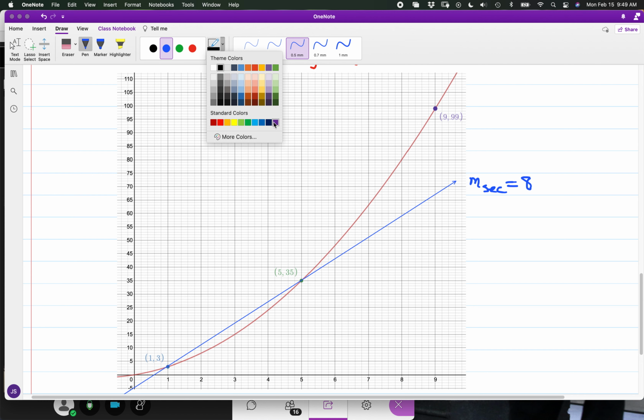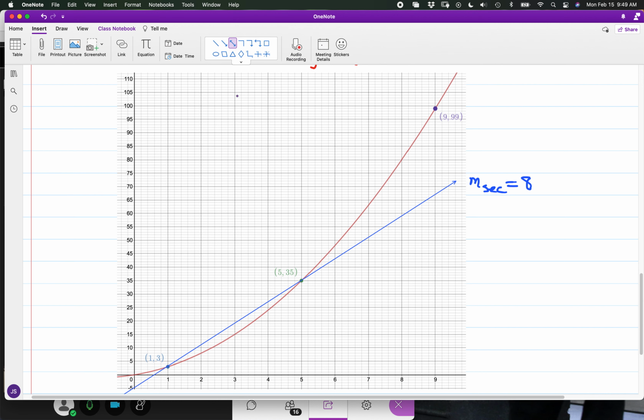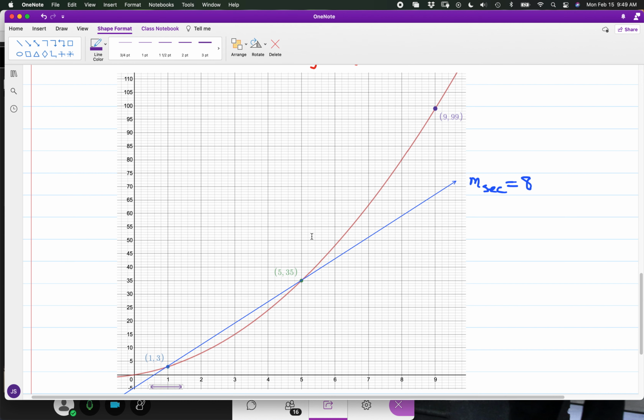And again, as we venture out further, going from x equals 1 to x is equal to 9.